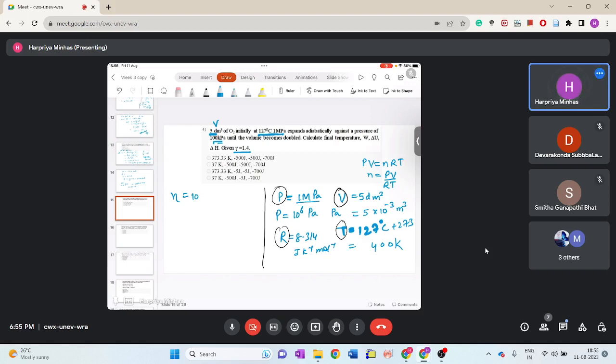After putting this in the equation, what will be the value of N? Yes, it's 1.5 moles. Okay, so now we have the value of N with us.